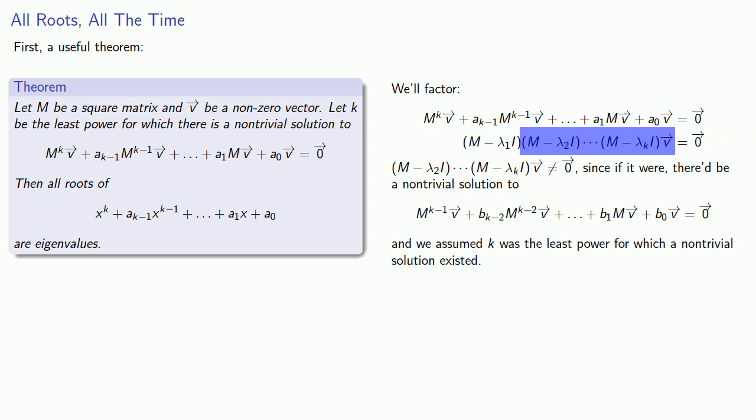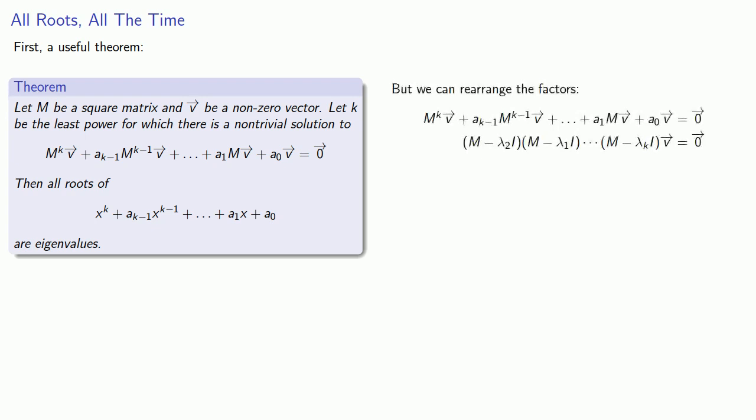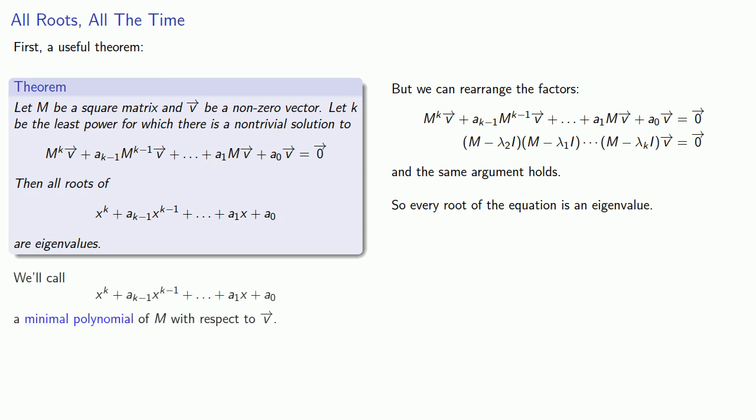And since this is not equal to 0, that means it's got to be an eigenvector corresponding to the eigenvalue lambda 1. But we can rearrange the factors, and the same argument holds. So every root of the equation is an eigenvalue. So for convenience, we'll call this polynomial a minimal polynomial of M with respect to our vector v.